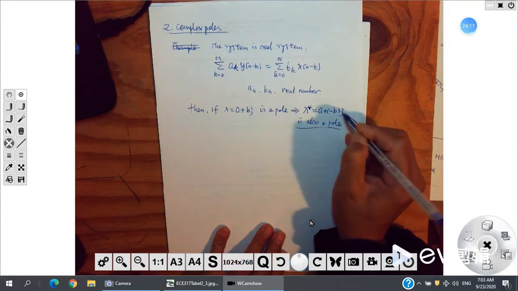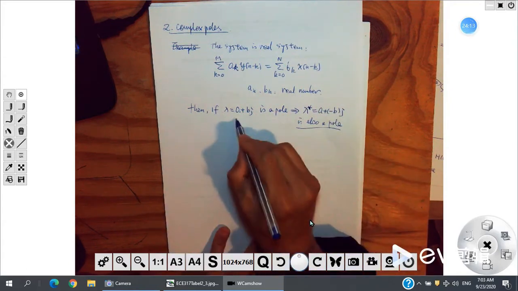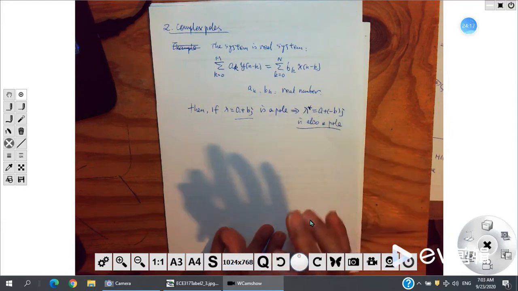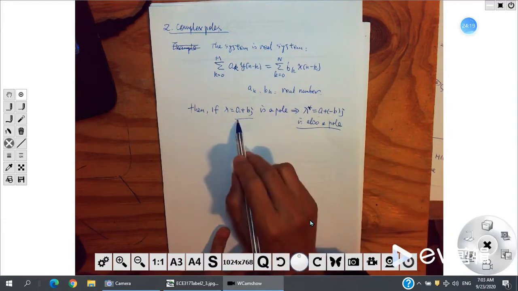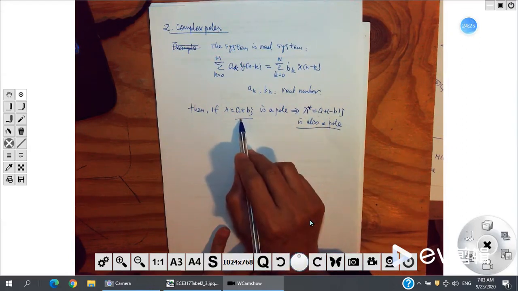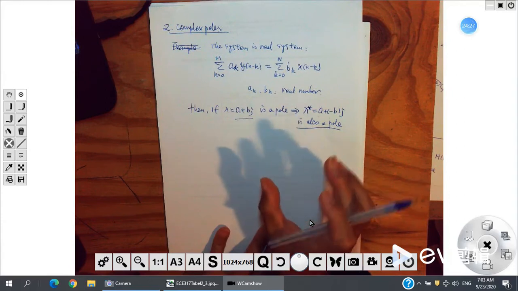So for complex poles, a plus bj and a minus bj always occur at the same time. If you have this one, then you must have the other one as a pole. They always occur as a pair.